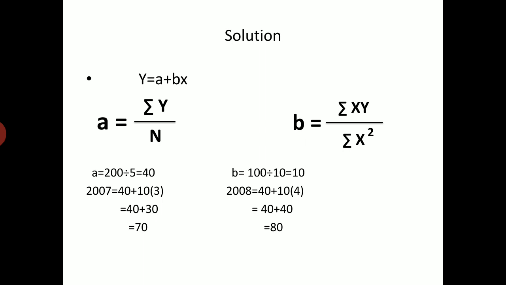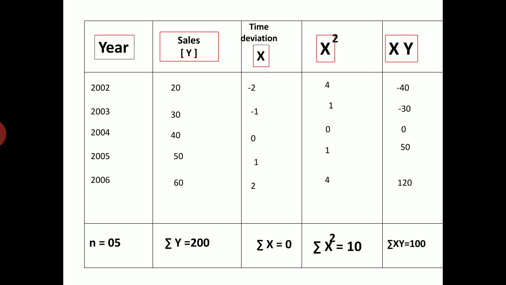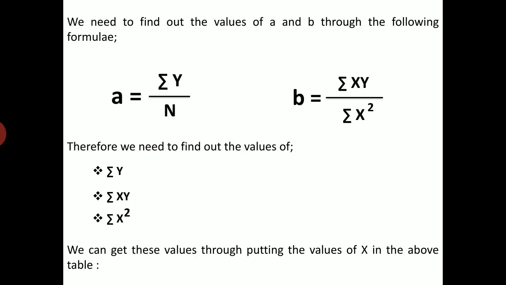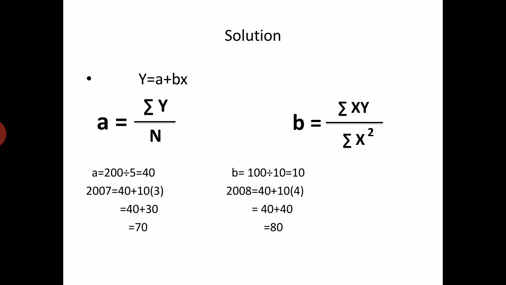To forecast 2007 and 2008, b equals summation xy, which is 100, divided by summation x square, which is 10. So b equals 10.